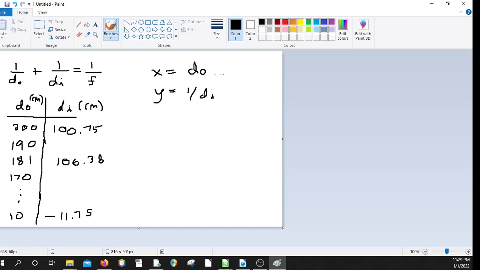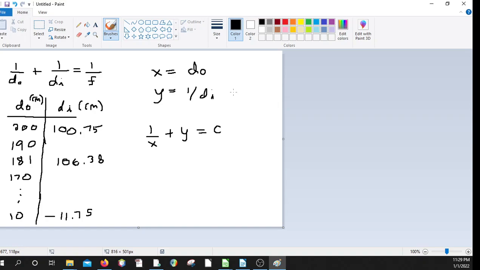And let's check to see if that's right. So 1 over DO, we have 1 over x, plus 1 over DI. Well, 1 over DI, that's equal to y. And that's equal to 1 over f. Just to emphasize, I'm going to call that c, because it is a constant. And so that's the first step.